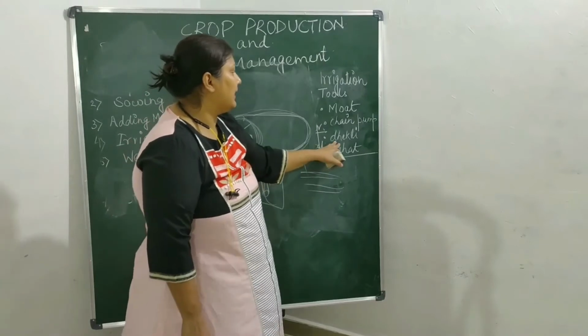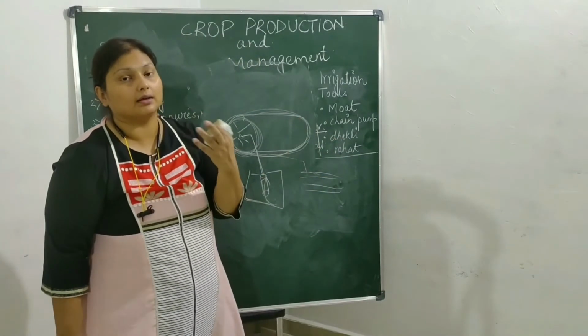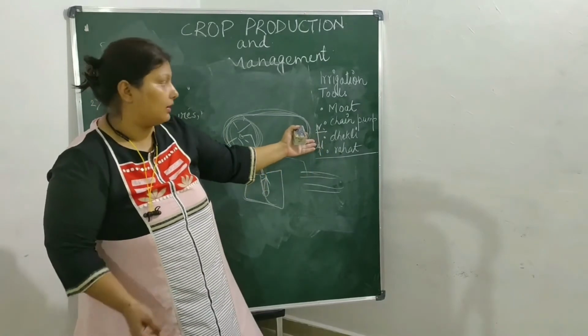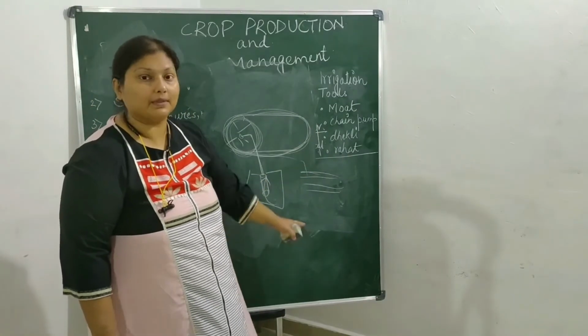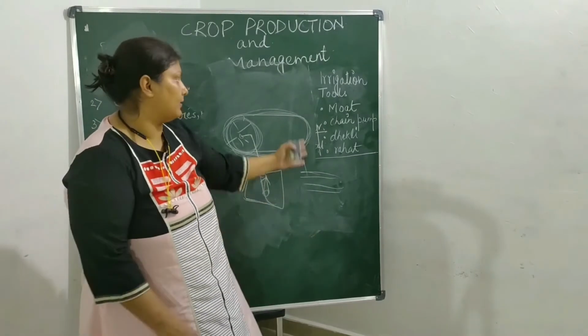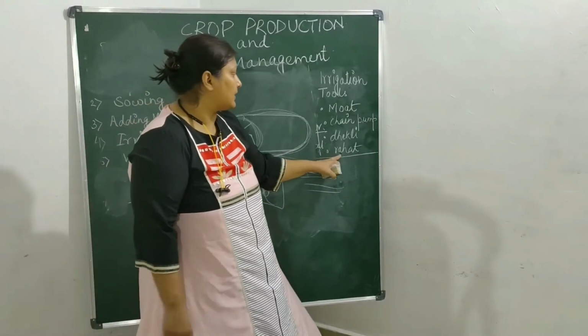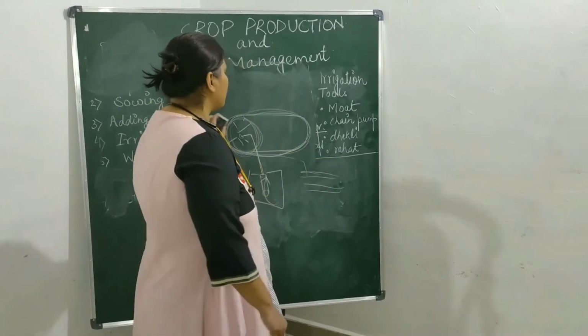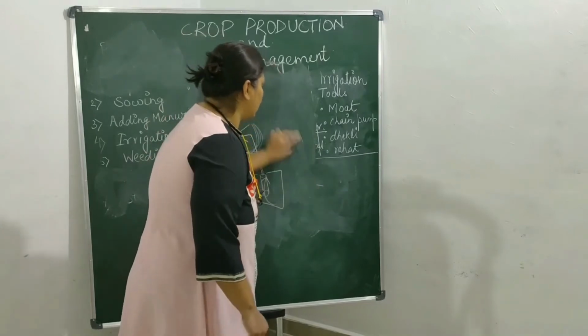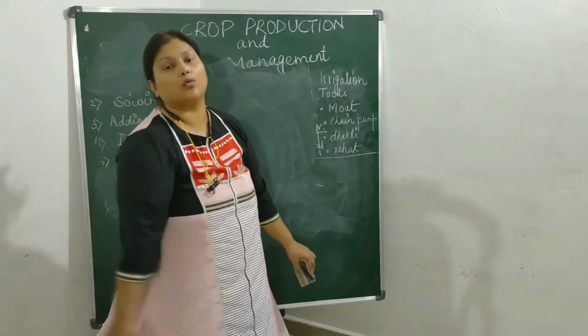Next one is Dekli. It is a process in which the farmer does the work himself. The farmer drags the water from the water resources, takes out all the water and pours it on the land. Now next one is Rahat. In the Rahat, animals are involved.